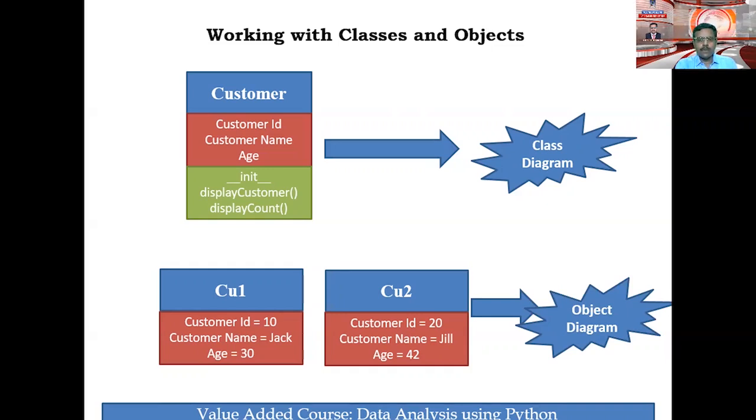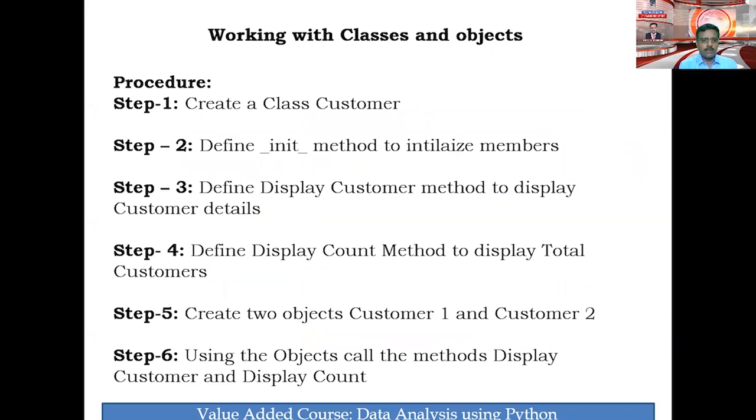Before going for the demonstration, we must first understand the procedure we are going to follow. First, we create a class customer. In step 2, we define the init method to initialize the members. In step 3, we define the display customer method to display the customers we have initialized.